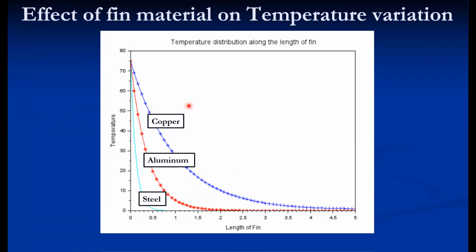So this particular profile is the best amongst all, because it provides the higher delta T across the length, that is T minus T infinity. So that's why this is the best amongst all from the heat transfer point of view.